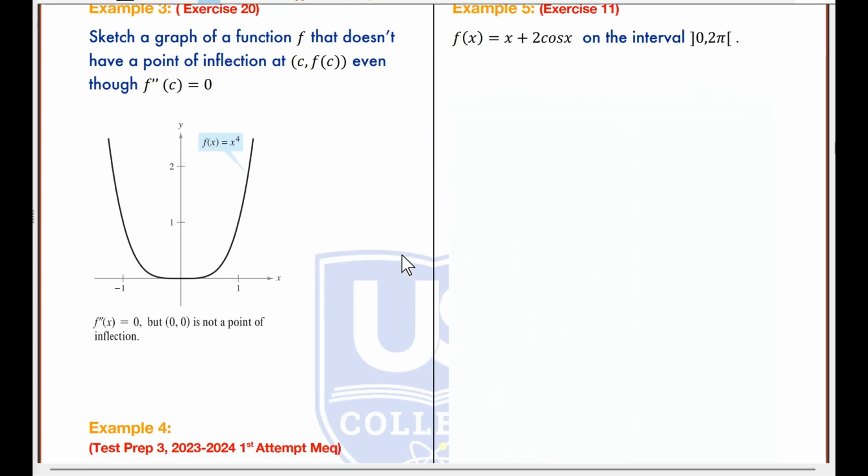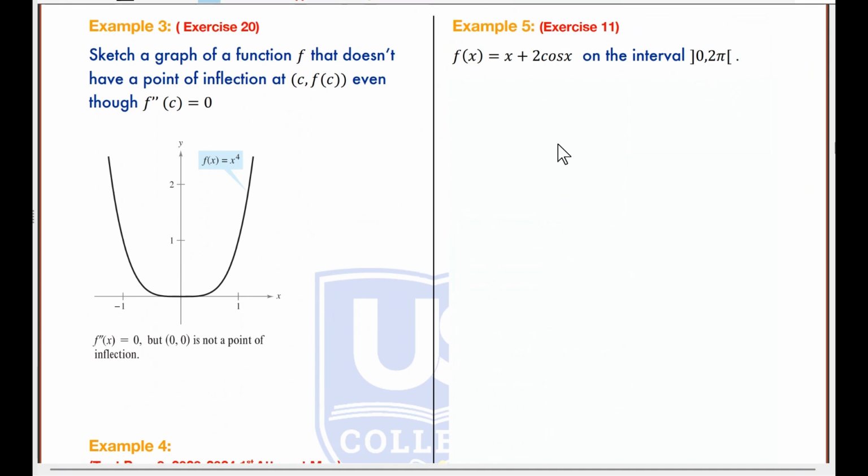Okay, let's continue solving questions about trigonometric functions. Exercise 11. F of x is equal to x plus 2 cosine x on the given interval. Since that's a trigonometric function, I won't have a double root or anything like that.